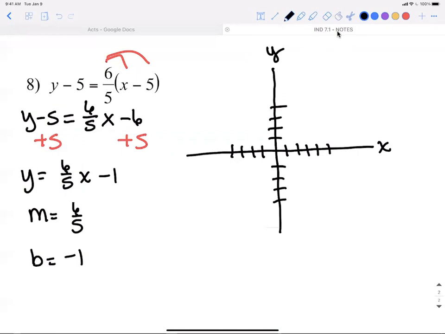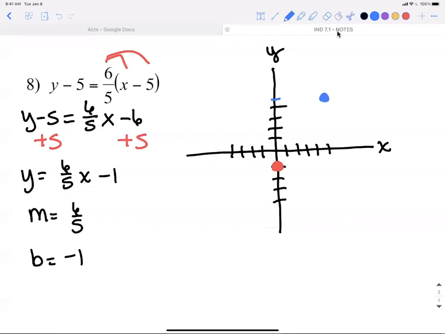Okay. It's all the algebra we learned last week about how to get different forms in different forms. So then I would start with my b of negative 1, and I would put a point right here. And then I would use my m to go up 6 over 5. So up 1, 2, 3, 4, 5, 6, and then over 5, which puts my point about right here.